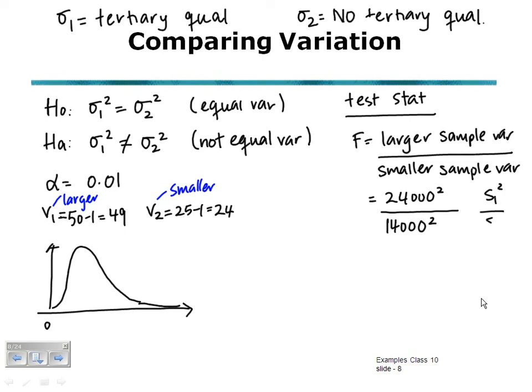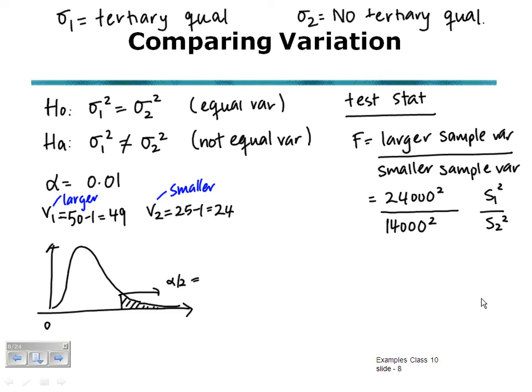So, two tricky things to work with here. First, how do we find the correct critical value for F? The F critical value depends on numerator and denominator degrees of freedom, as well as the alpha value. Our alpha value here is 0.01, and because it's a two-tailed test, we need to divide 0.01 by 2.